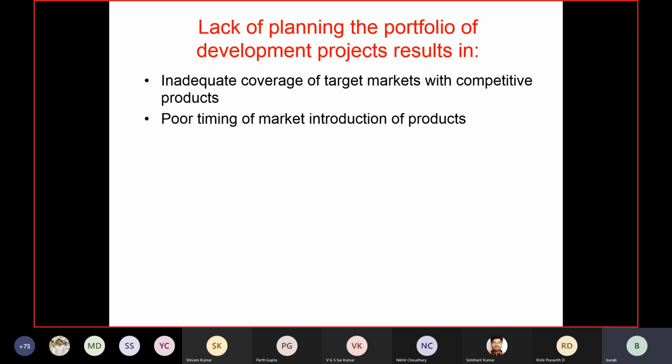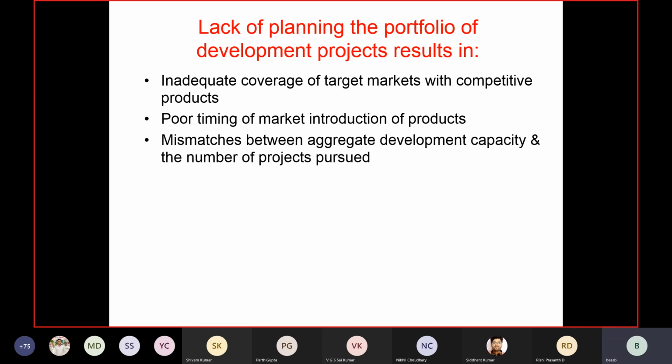So since it got delayed by 1 year, when they launched the product, practically it became 1.5 lakhs, and the better variant was 1.65 lakhs or something like that. And Maruti's Alto came with a low-priced edition at 2 lakhs. So people thought, why not go for Alto, just for the sake of 50,000 rupees. So that was one of the reasons, not the only reason, for the failure of Nano, but definitely one of the reasons. So, poor timing of market introduction of products.